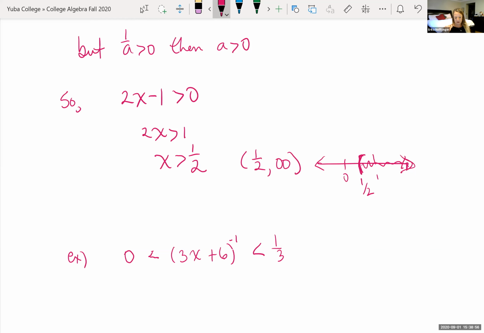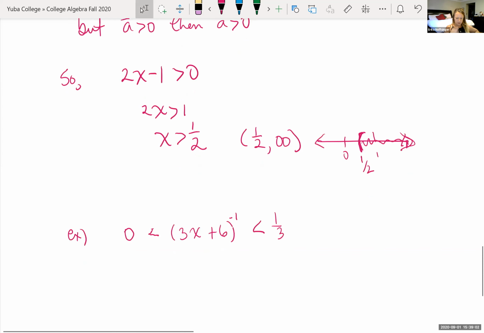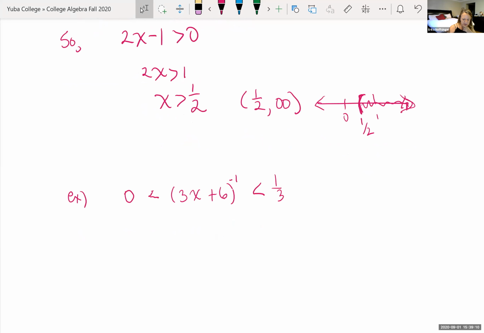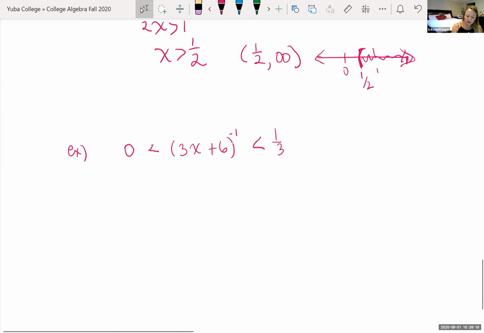Okay, so what we have is greater than 0. I would probably approach this differently, but I believe your book wants to do it using those properties. And so we can look at this as the reciprocals. I really can't have a reciprocal of 0, though.